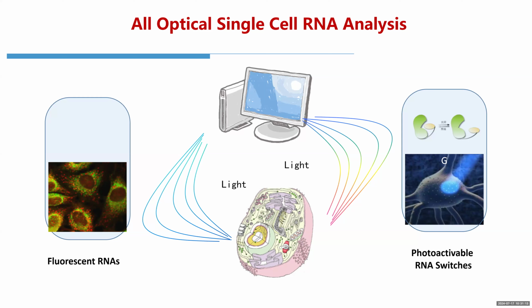So currently, we can use light to control every step of RNA metabolism. As these fluorescent RNAs and the optogenetic tools are all encoded by genes, they can be easily introduced to live cells and used in vivo or even in transgenic animals.